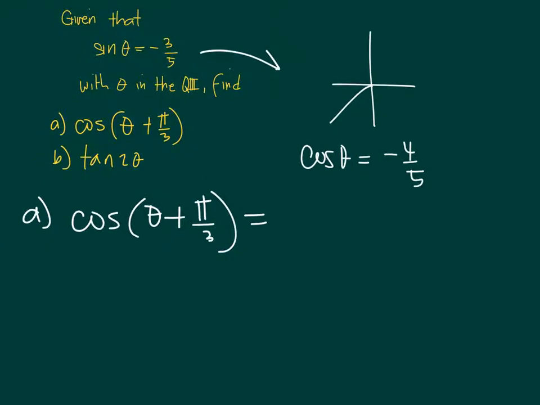So, we go back to cosine of theta plus pi over 3. What is cosine of theta plus pi over 3 in a different form? Stay with the identities.